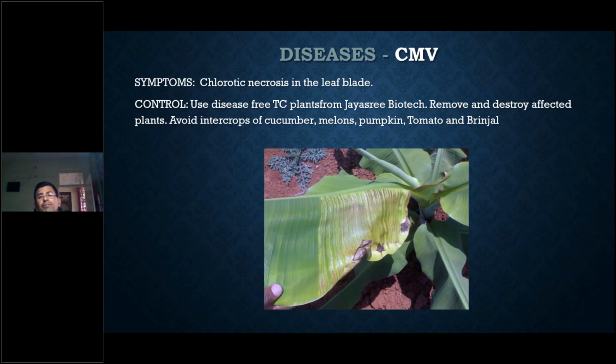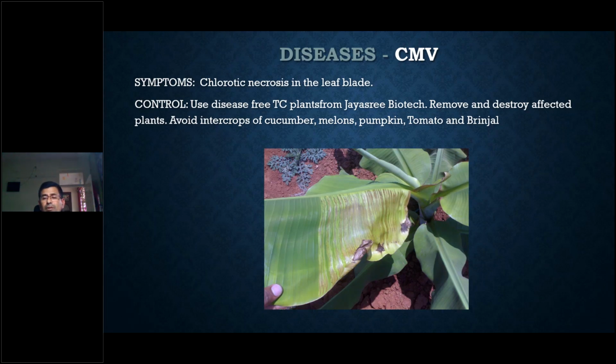Secondary infection will happen from these intercrops very easily, because those intercrops are susceptible to these viral diseases. From them, the banana plants are easily affected, by the vector or by mechanical damage. It spreads from the intercrop to the banana plant.